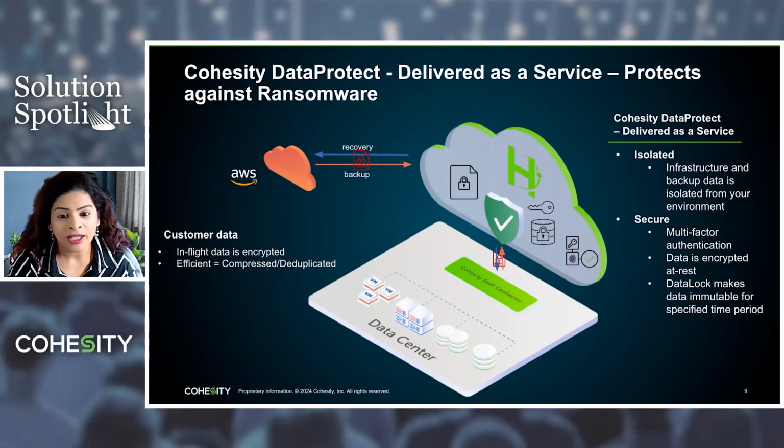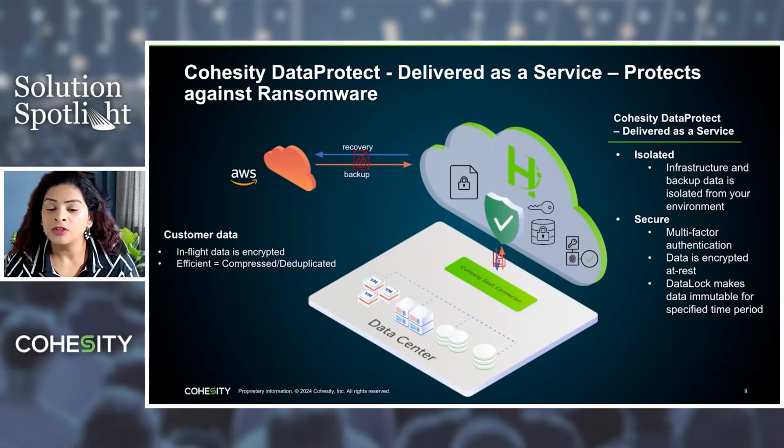It always helps to have a different cloud instance where your backup data is stored as compared to the primary data, because God forbid, if you are hit with a security incident or ransomware attack, you cannot recover the same data back because you're not sure if it's clean or not. So having an isolated copy of that data in another cloud instance, preferably managed by Cohesity, is a great way to ensure that that data breach does not affect the backup copy in a secure alternative environment.